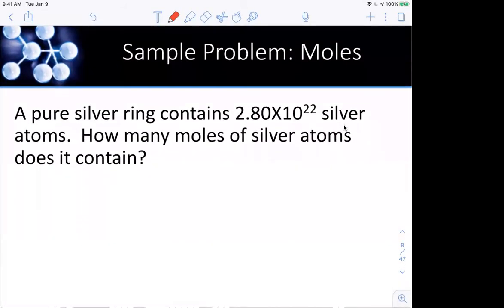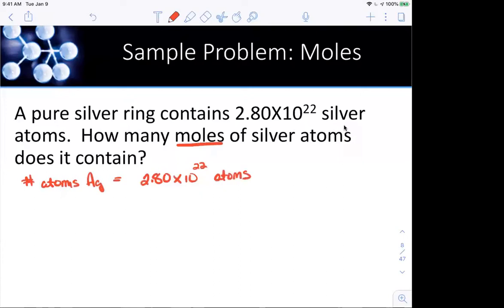Here's an example. A pure silver ring contains 2.80 times 10 to the 22nd silver atoms. I'm looking for moles of silver atoms. So the number of silver atoms is equal to 2.80 times 10 to the 22nd atoms.